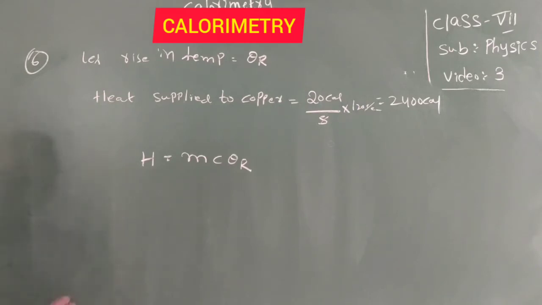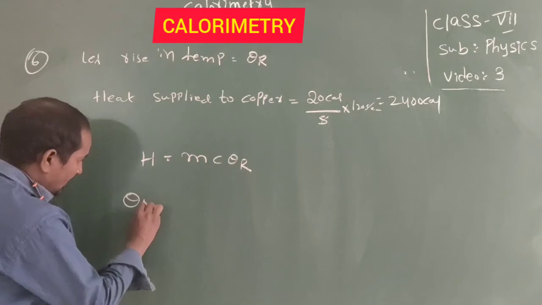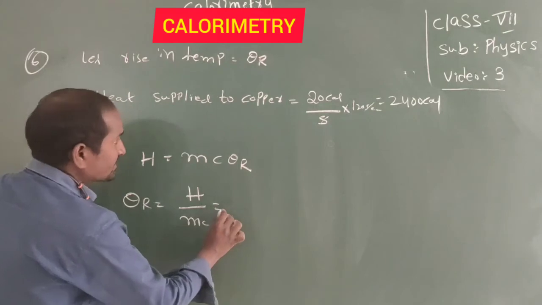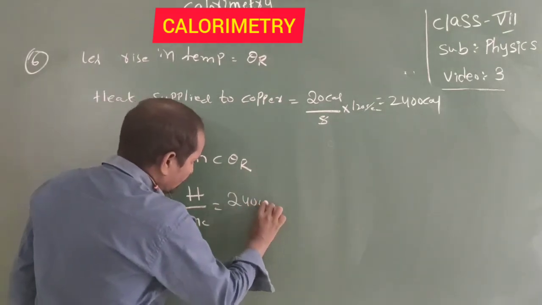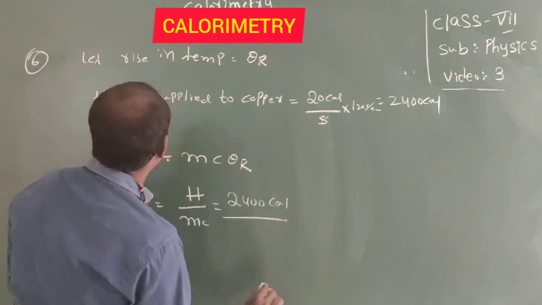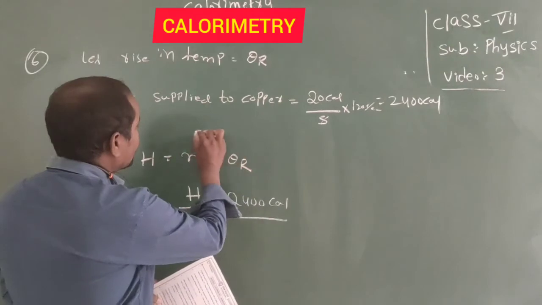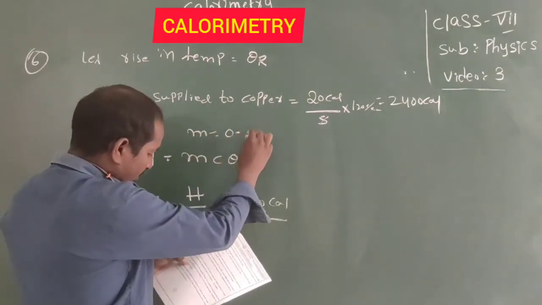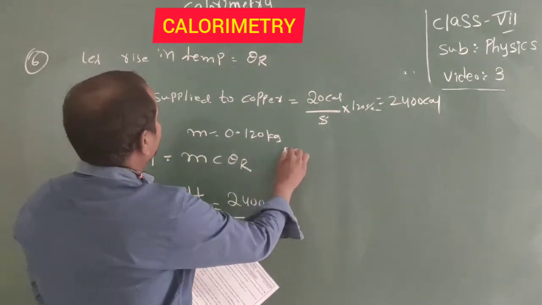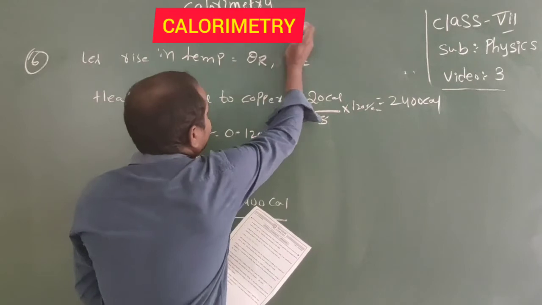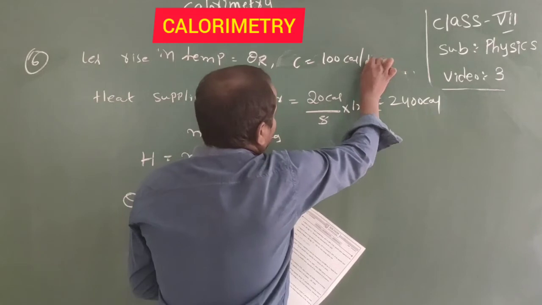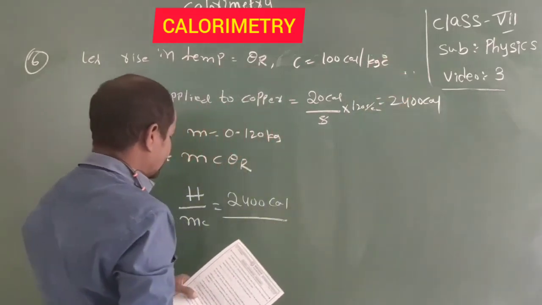Our aim is to find the rising temperature. So theta R equals H by m into c. H equals 2400 calories by mass m equals 0.120 kg, and C equals 100 calories per kg degree Celsius.